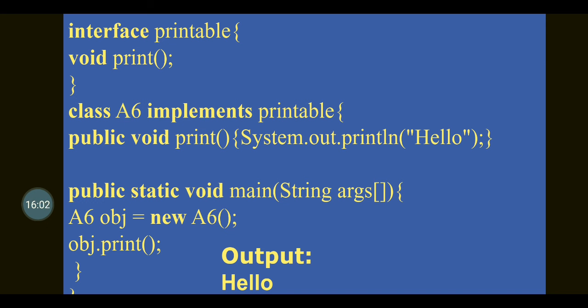Implements is followed by the interface name Printable, and within that class you define the method public void printf, with a println statement, hello. In the main method, let us create the object for the class A6, and when you call obj.printf, it will print hello.